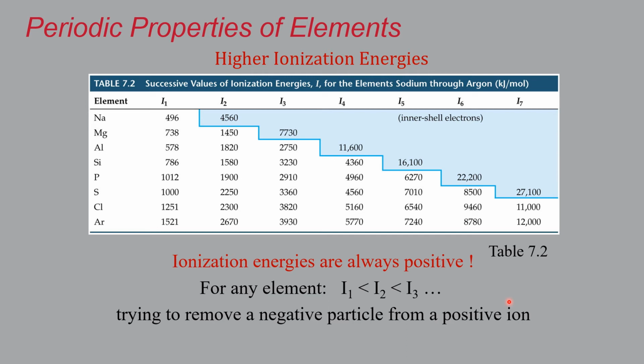But there is something else I want you to take a look at. You will note, for example, in magnesium that taking away the second electron is pretty close to twice the first ionization energy. That's what you expect from a doubling of the nuclear charge, going from 0 to 1. But there is a huge jump in going to the third one.